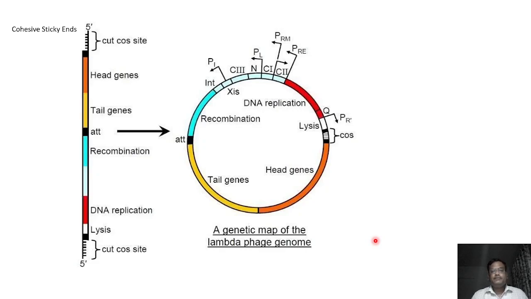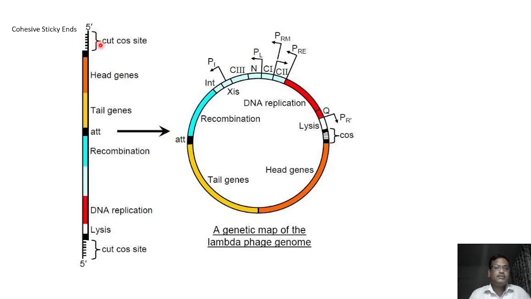And here is the structure of lambda phage. The main characteristic feature of lambda phage is the COS site, cohesive sticky ends, right? So we already know what a sticky end is. Sticky ends are created by the restriction endonuclease cleavage, right?